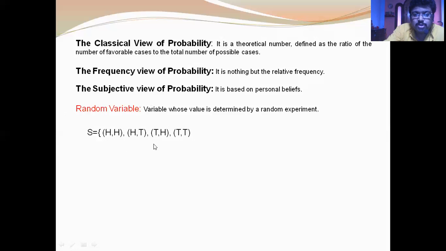A variable whose value is determined by a random experiment is called a random variable.